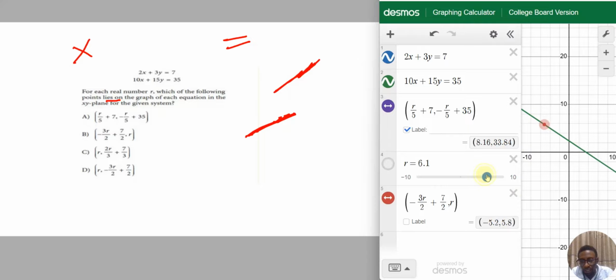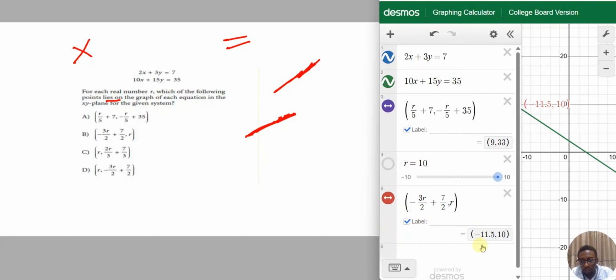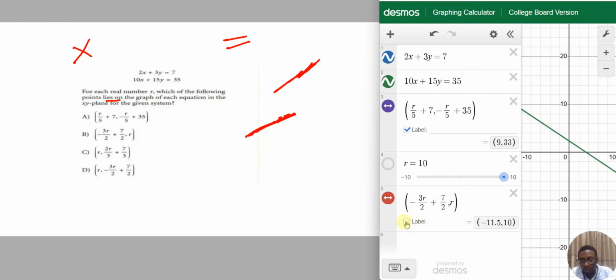If r is 10, I will have minus 11.5 and 10. This is also lying on the graph. Do you understand? If r is 0, you can see this point is also lying on the graph. So that is what is actually going on there.